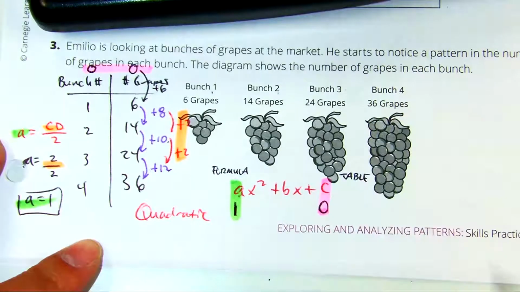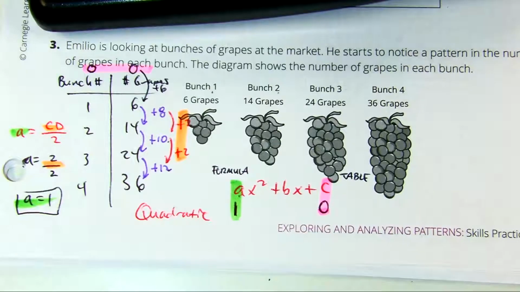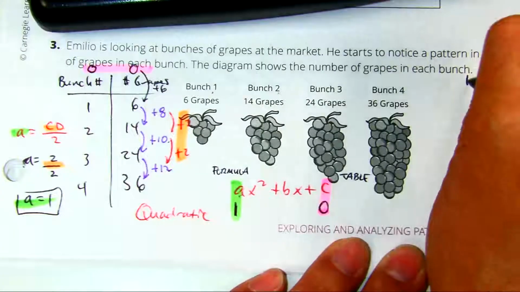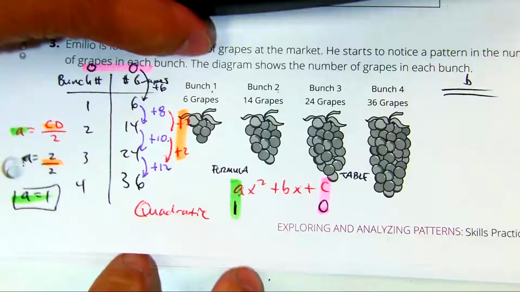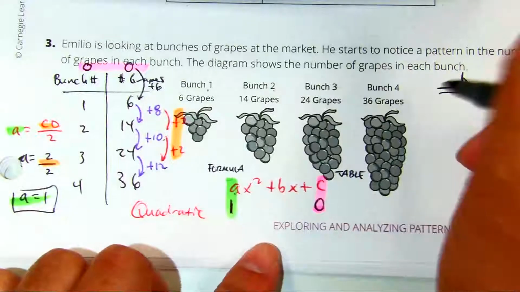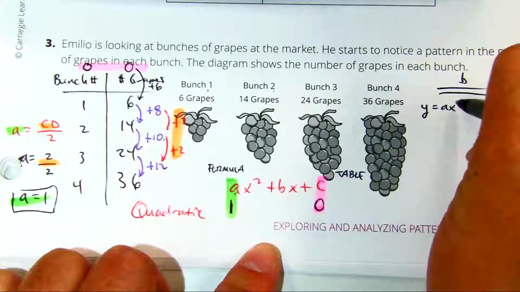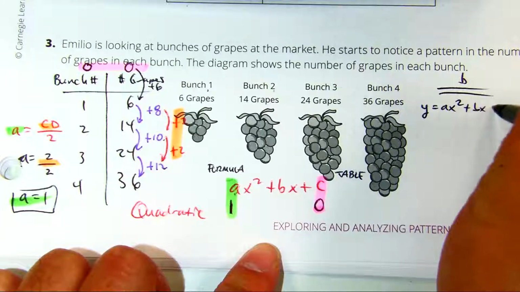And in this problem, you do have a B value. Okay, so this is the hard part. How do I find the B value? Let's do our work over here. You write standard form: y equals ax squared plus bx plus c.